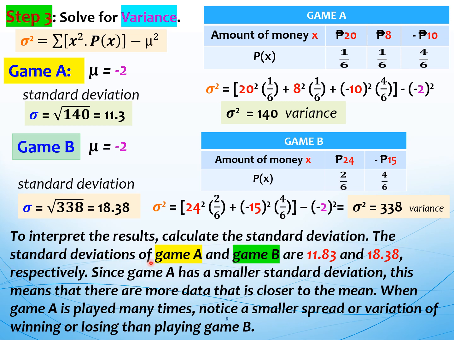The standard deviations of game A and game B are 11.83 and 18.38 respectively. Since game A has a smaller standard deviation, this means that more of the data is closer to the mean. When game A is played many times, notice a smaller spread of variation of winning or losing than playing game B. So that's the explanation.